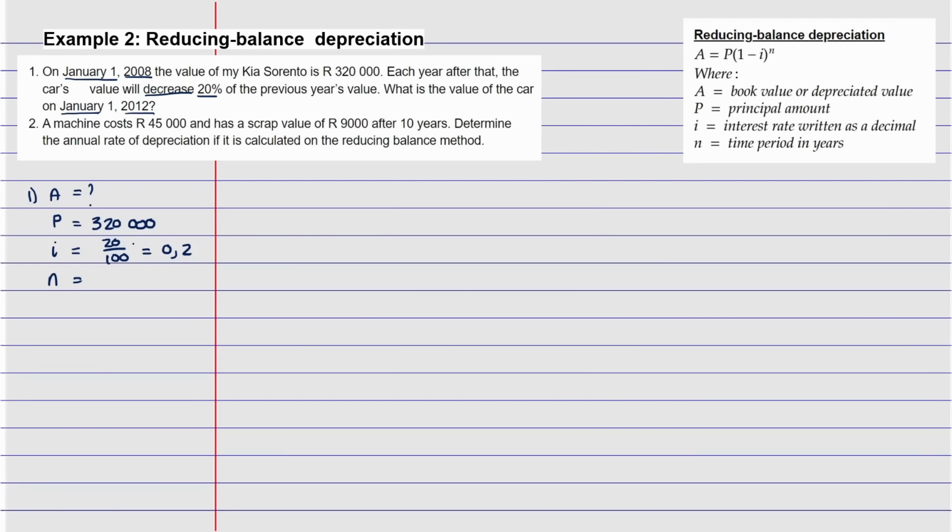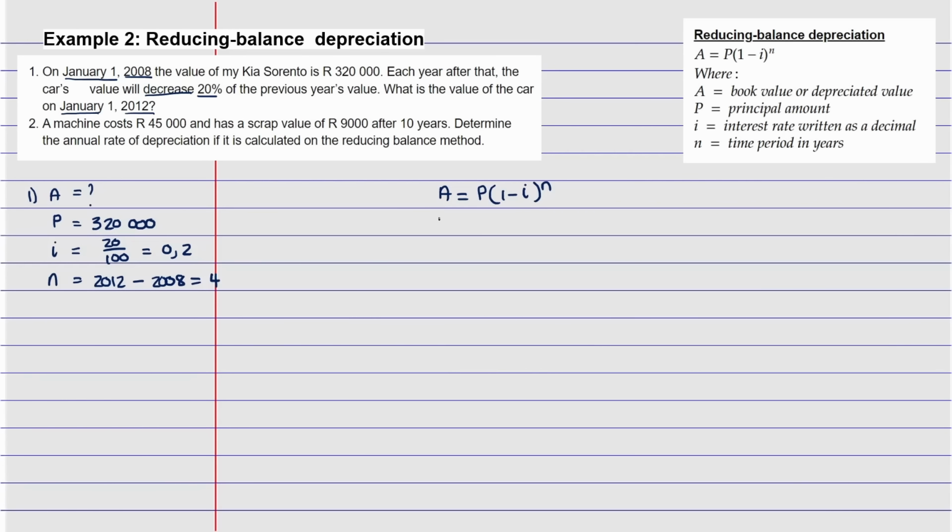We want the value of the car in 2012 and the car was bought in 2008, so it's 2012 minus 2008, which is 4 years. So N is 4. Now let's substitute everything: A is equal to P, open bracket, 1 minus i, to the power n.